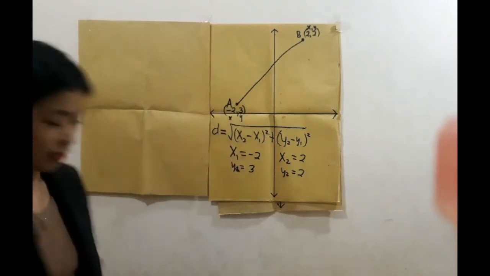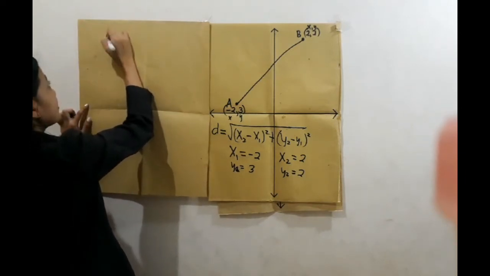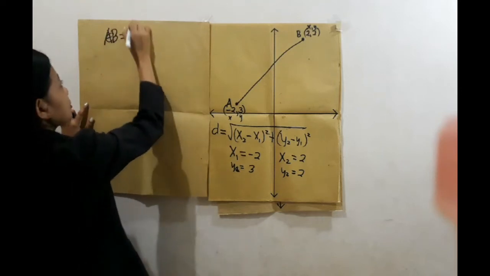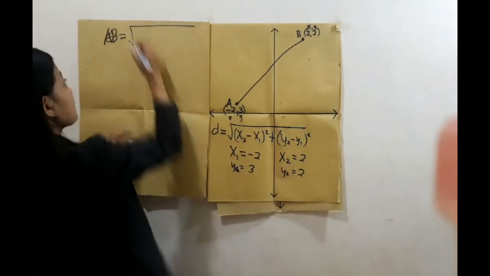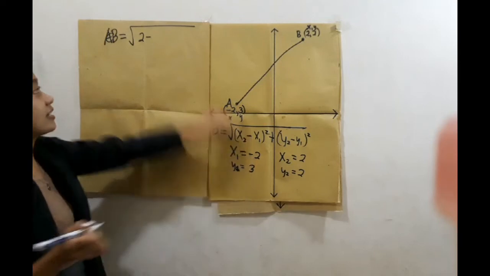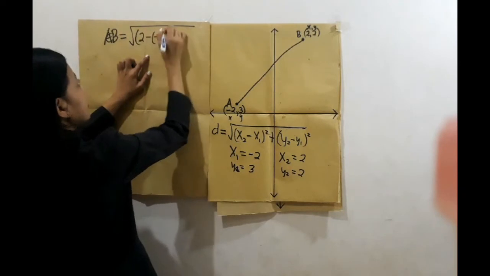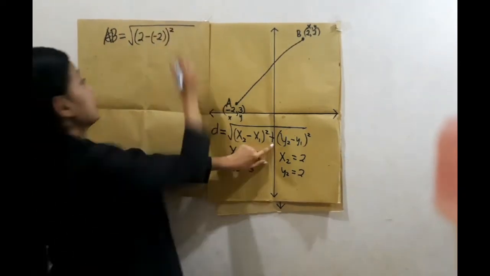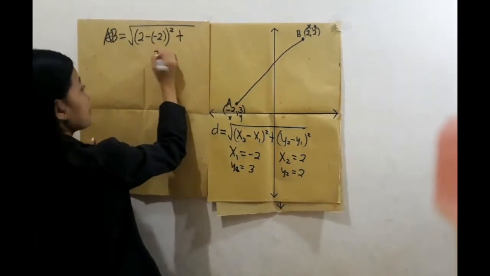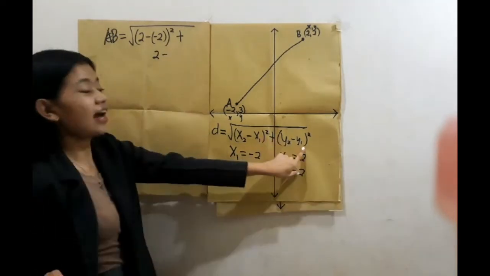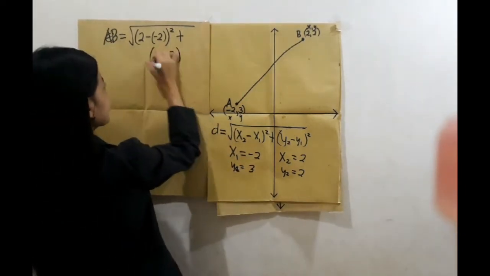So we have d AB equals the square root of x sub 2, which is 2, then copy the sign, and then x sub 1, which is negative 2, squared, plus the sign, and then our y sub 2, which is positive 2, and then copy again the sign, and then our y sub 1, which is positive 3, then squared.